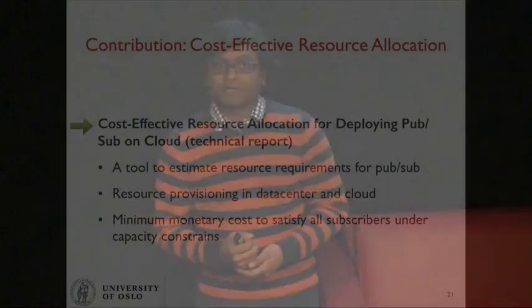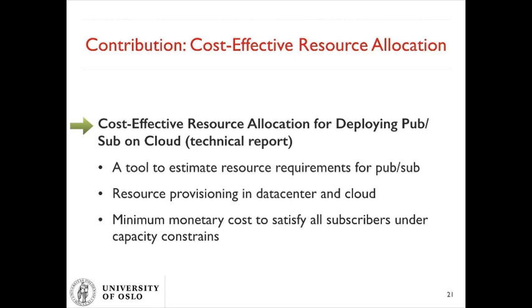We also use a pricing model from cloud service providers like Amazon, and provide a tool where you can come up with a resource allocation which minimizes the monetary cost. This was recently accepted in ICDCS. I guess this group is involved in the same track.